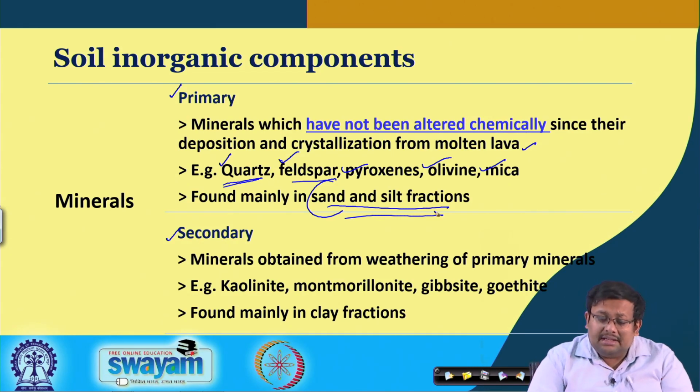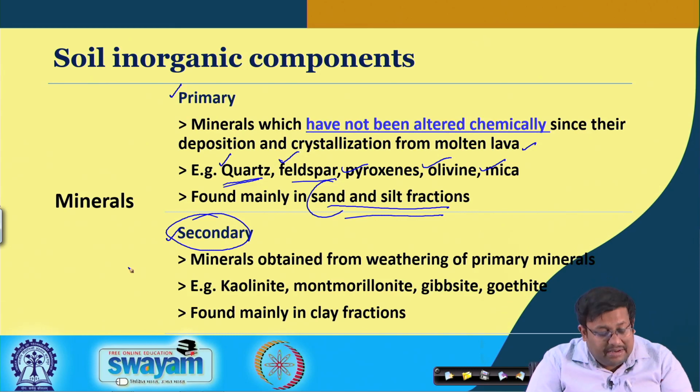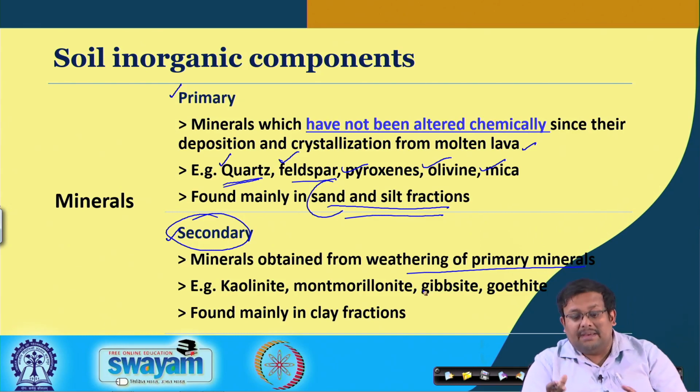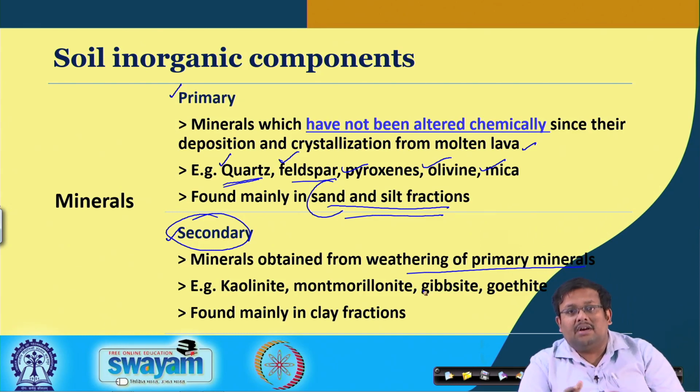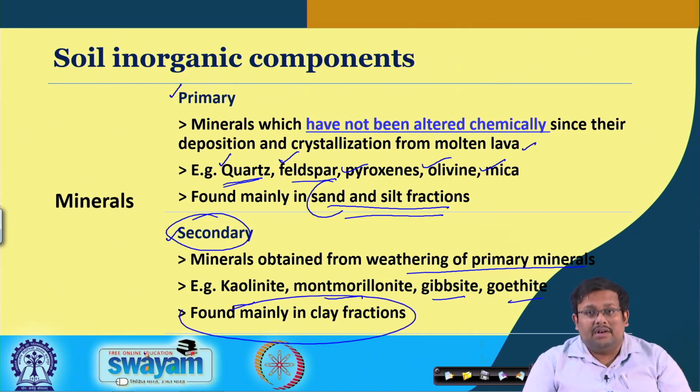Now, remember the important soil separate clay is basically composed of these secondary minerals. So, these minerals are basically obtained from weathering of the primary minerals, and the most important feature is the change of their chemical structure or chemical nature. Examples are kaolinite, montmorillonite, gibbsite, goethite, and they are mainly found in the clay fraction, as I have already told.